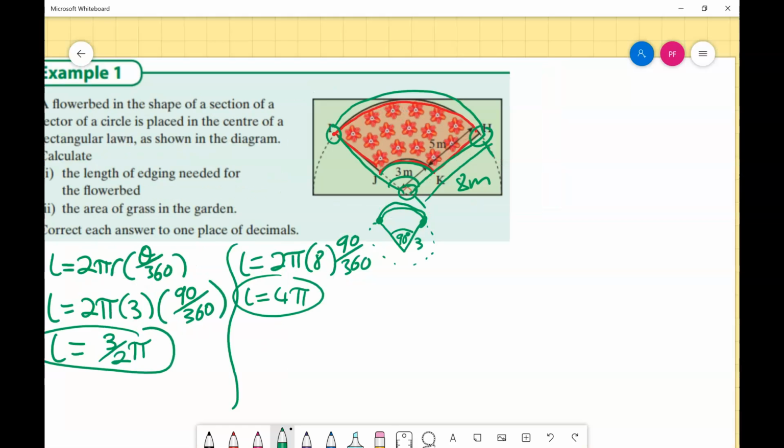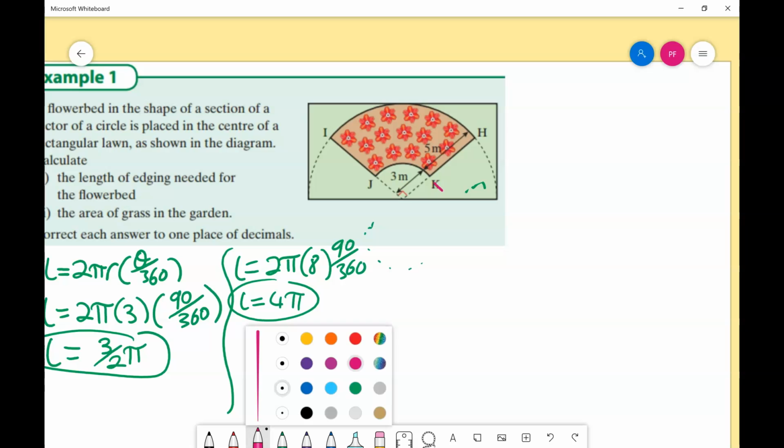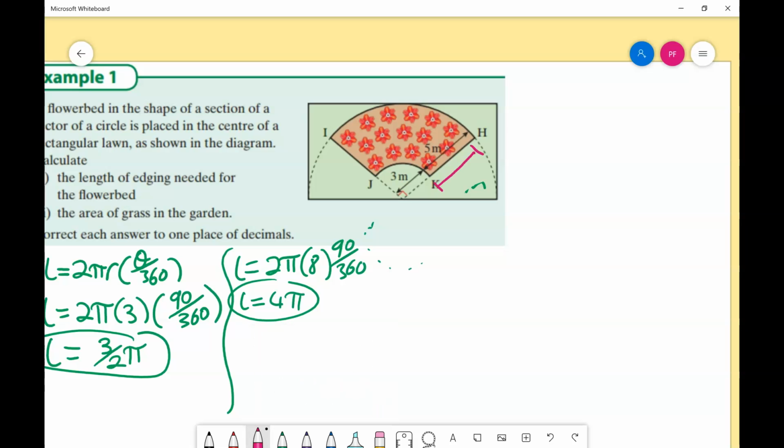Now I've got my two edges as well. So let's have a look at those. My two edges are from here to here, which I can see is 5 meters, and there to there, which is 5 meters. So I'm just going to add 10 on.